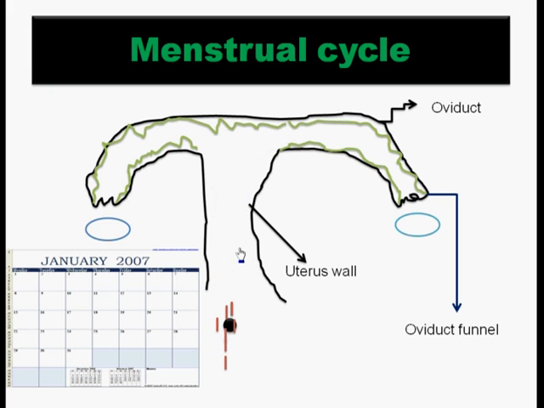Good. So you realize now that the uterus wall basically broke up and was now released from the female reproductive system. And that is what we call menstruation. So if the egg is not fertilized, it is dead by the time it reaches the uterus. So when it reached the uterus a while ago, it was in fact dead.